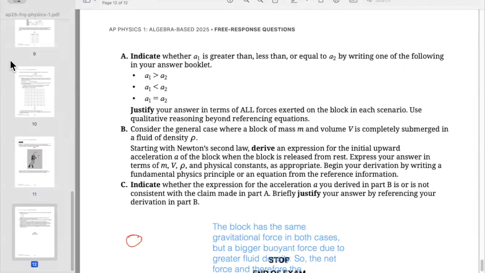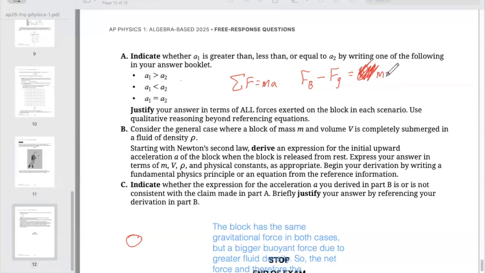Consider a general case and derive an expression for the initial upward acceleration. Well, sum of all forces is equal to mass times acceleration. That's buoyant force minus gravitational force. Hold on, no, we can leave mass in our answer.